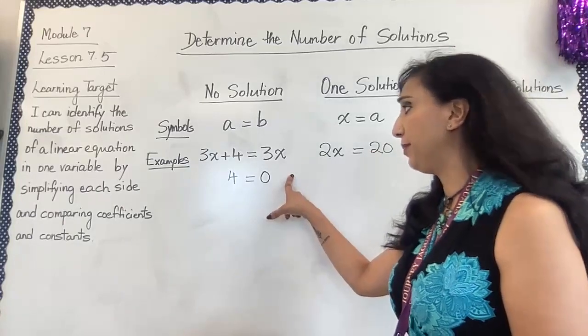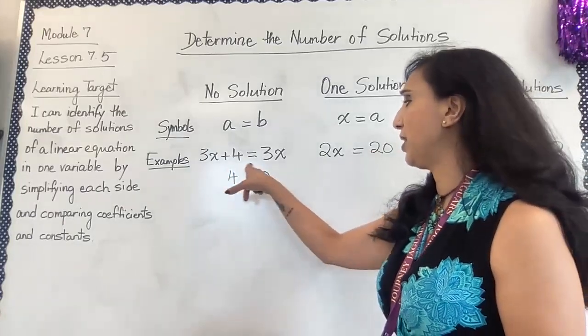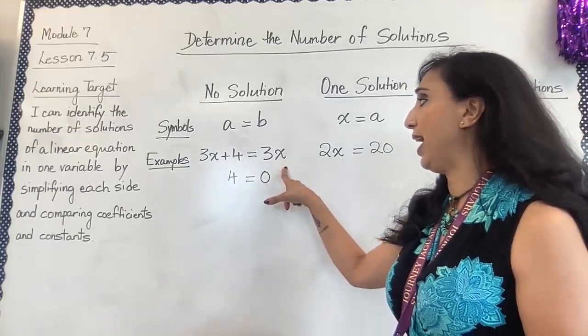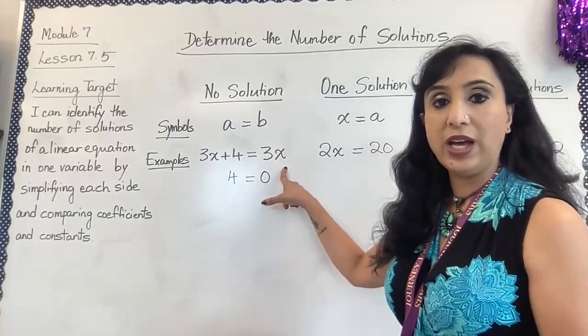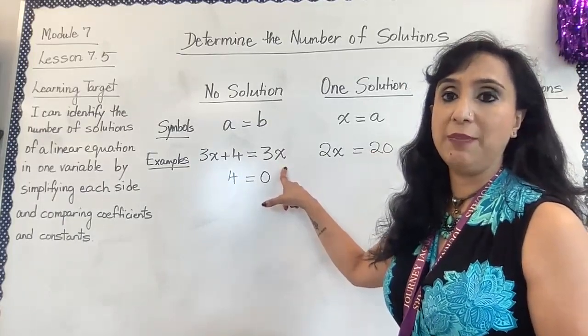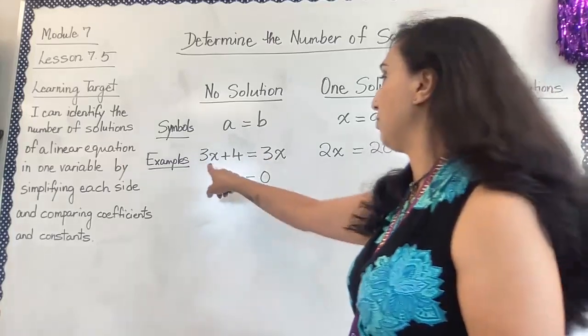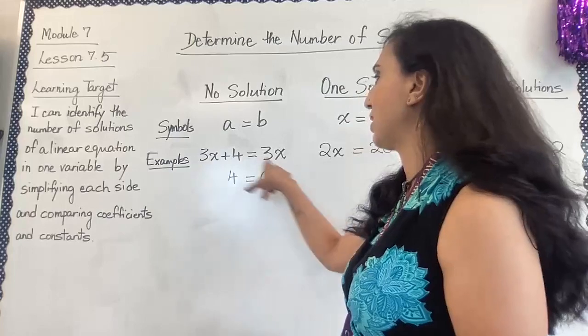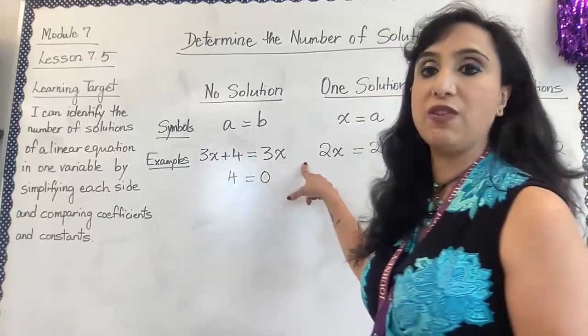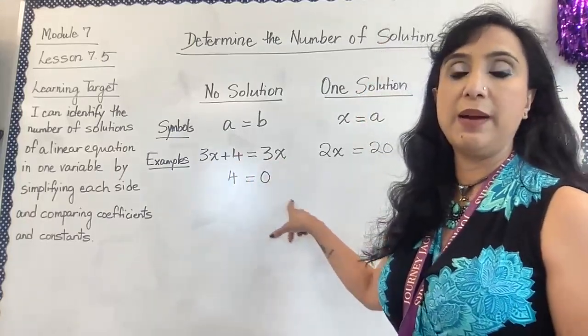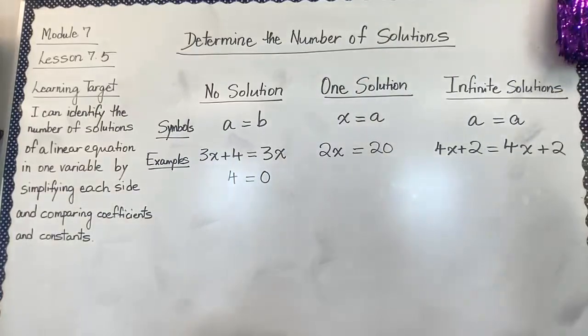Here's an example. If I say 3x plus 4 is equal to 3x, I know that using my properties of equality, I am going to subtract 3x, and I'm going to get 4 is equal to 0. And that's how I get this example of 4 is equal to 0.